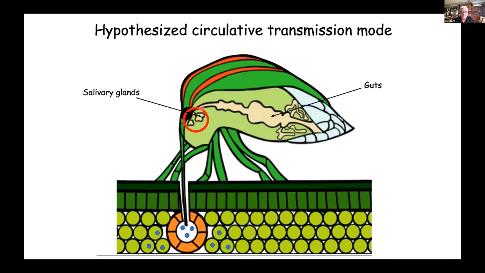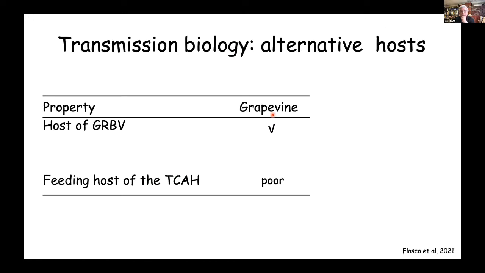So how can we distinguish the virus in the salivary glands from the gut? It's very important because once you expose an insect to an infected vine, you expect it to acquire the virus and transmit it. So what we did, we took advantage of different plant species in our transmission assays.